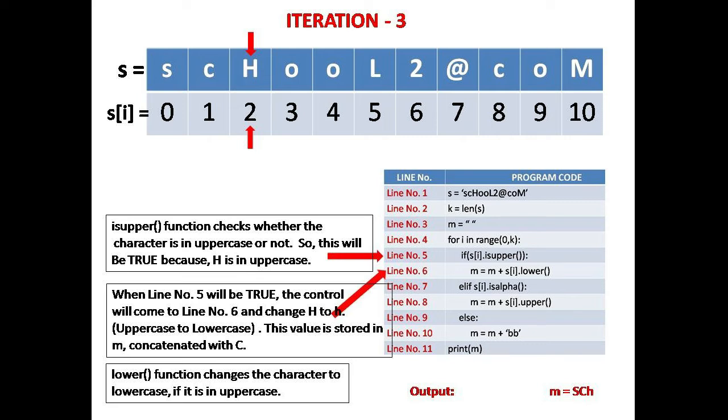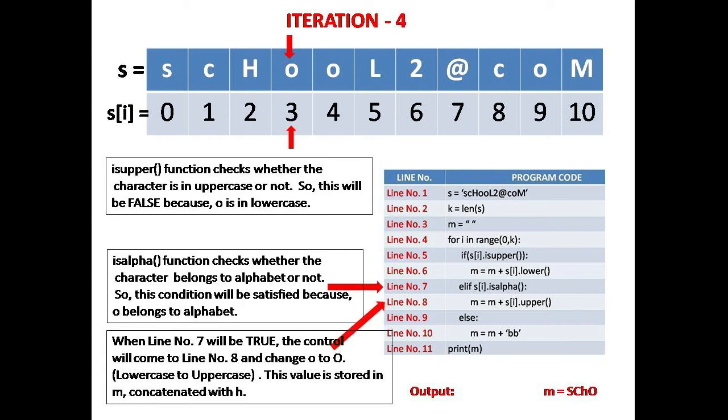So line number 6 will take place, which says m = m + s[i].lower(). Now as the upper function converts the character to uppercase, the lower function converts the letter to lowercase. So h will be stored in lowercase.